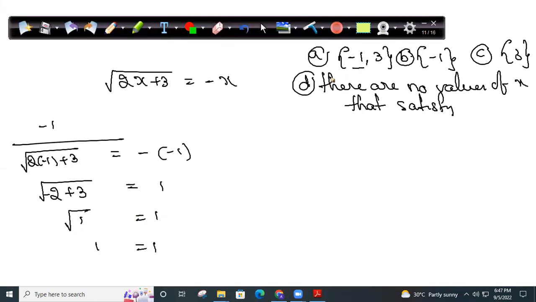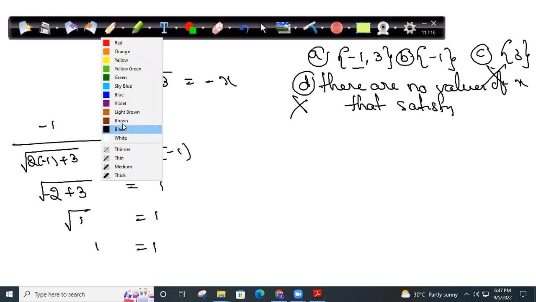When I plug in -1, I clearly see that -1 satisfies this, because I get 1 on my left hand side and the same 1 on my right hand side. Both sides are the same. So -1 is one of the answers. So cancel all the options that don't have -1. So 3, and there are no values that satisfy this equation, are definitely wrong.